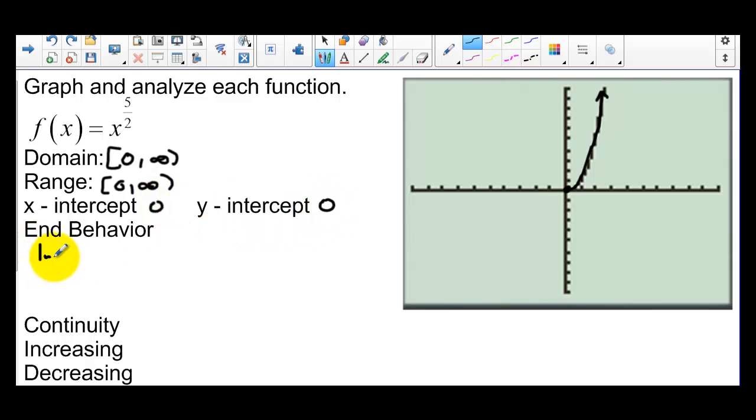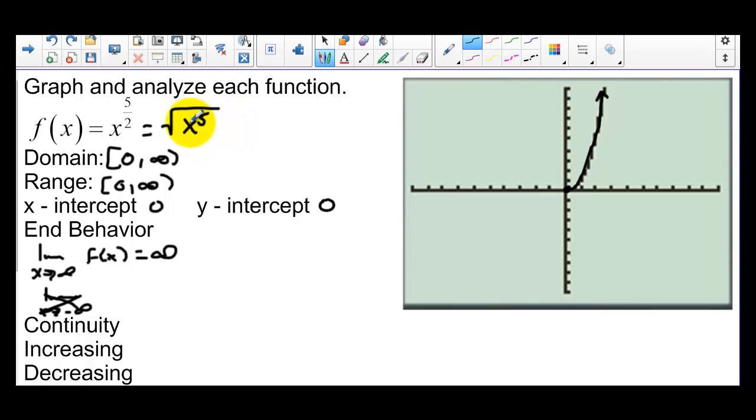And then we have the limit, the end behavior. The limit as x approaches positive infinity of f of x is equal to infinity. And we can't do the limit as x approaches negative infinity because the x values just don't exist for negative values. The reason that we can't plug in negative values is this is really the square root of x to the 5th.